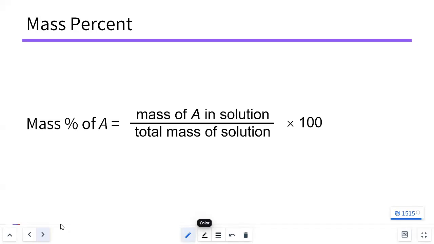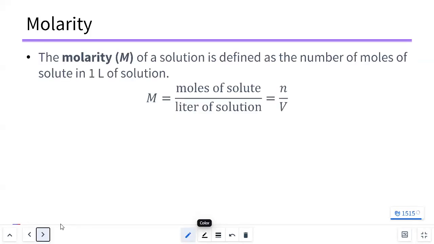Now, this has some application, and there are places where we use this. But primarily, we're going to focus more on the moles, because the moles, as you know, are a gateway to stoichiometry. And if we haven't learned anything in the past couple of weeks, stoichiometry is kind of a big deal in chemistry. Molarity is the way that we can get them to interact with each other.